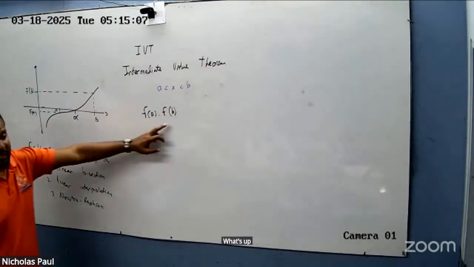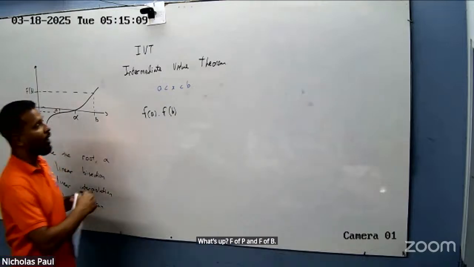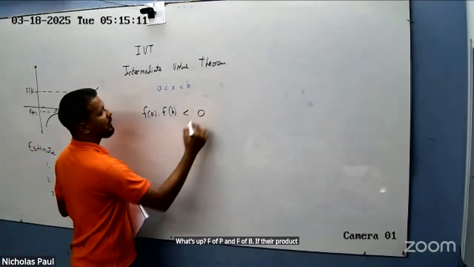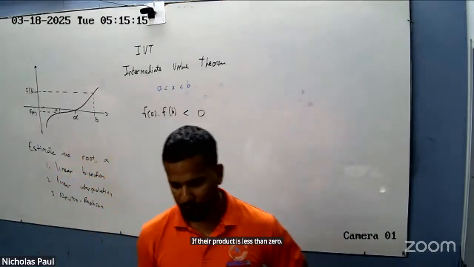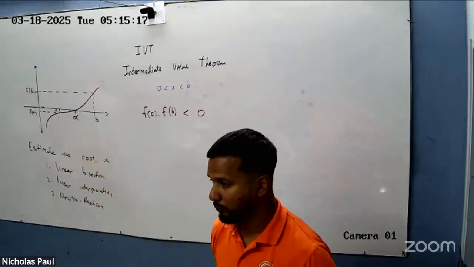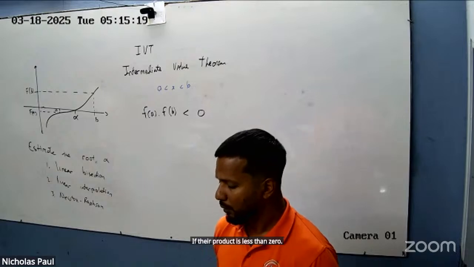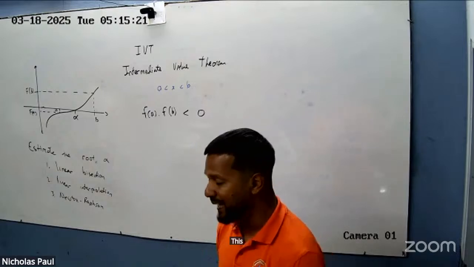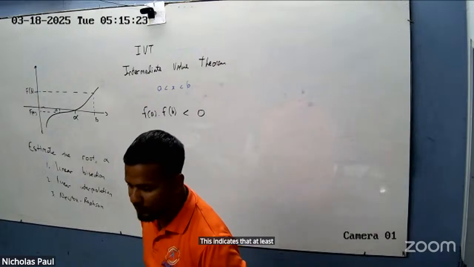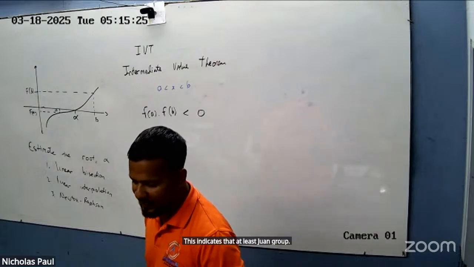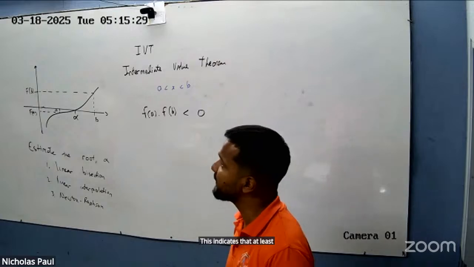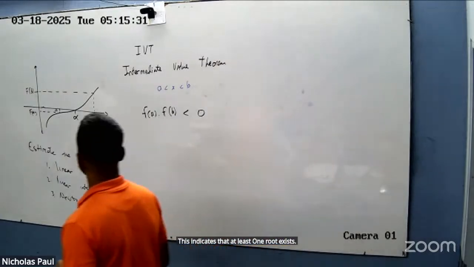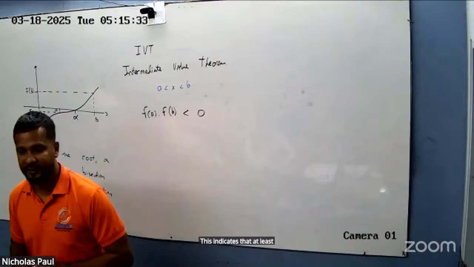If their product is less than 0, this indicates that at least one root exists.